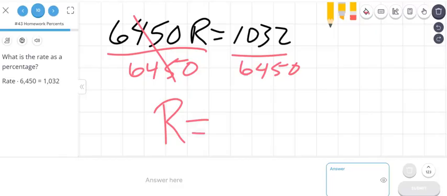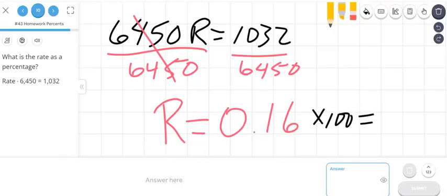So we're going to go 1032 divided by 6450. That gives me 0.16, but we need to change it to a percent. So we're going to times that by 100. That gives us 16% percent.